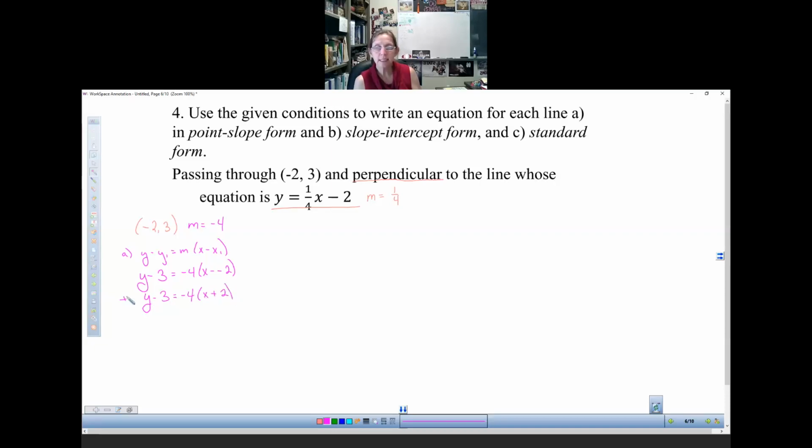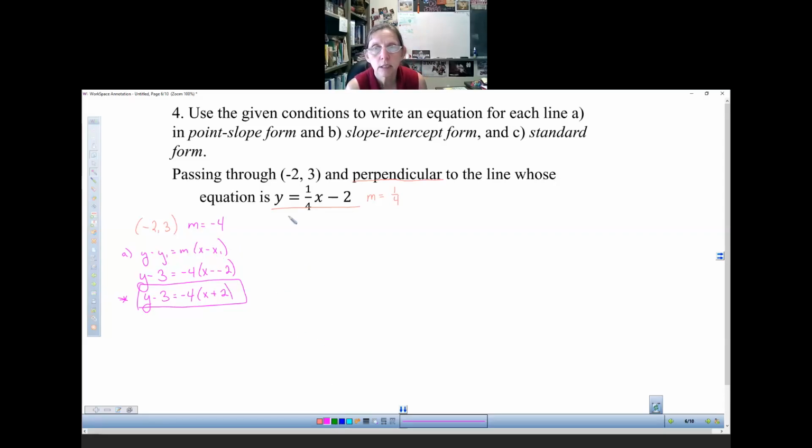And this is the point slope form. Okay, so this is my answer for part A. Notice I haven't distributed that -4 through there. I don't want to. The point slope form literally is going to look just like this: y plus or minus a number is equal to the slope times x plus or minus a number. Okay? All right, so that's the first part.